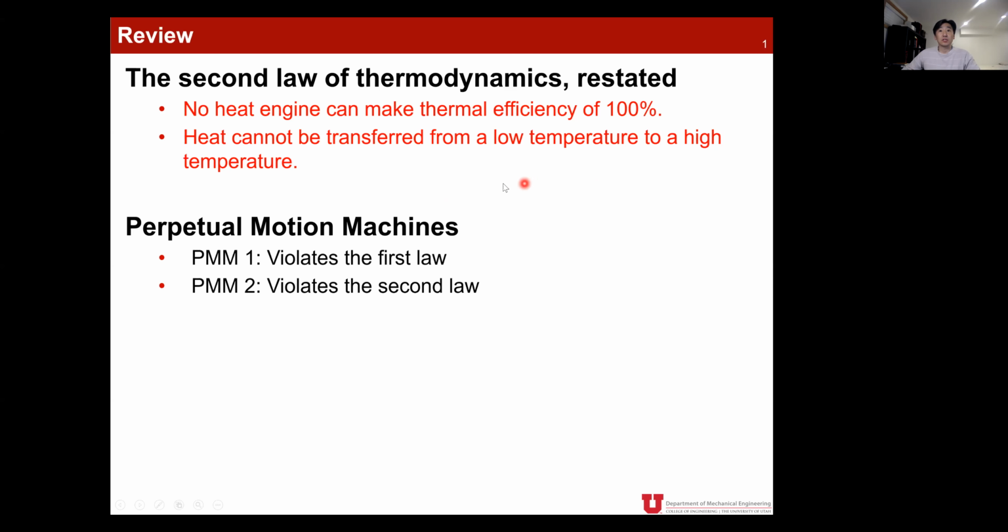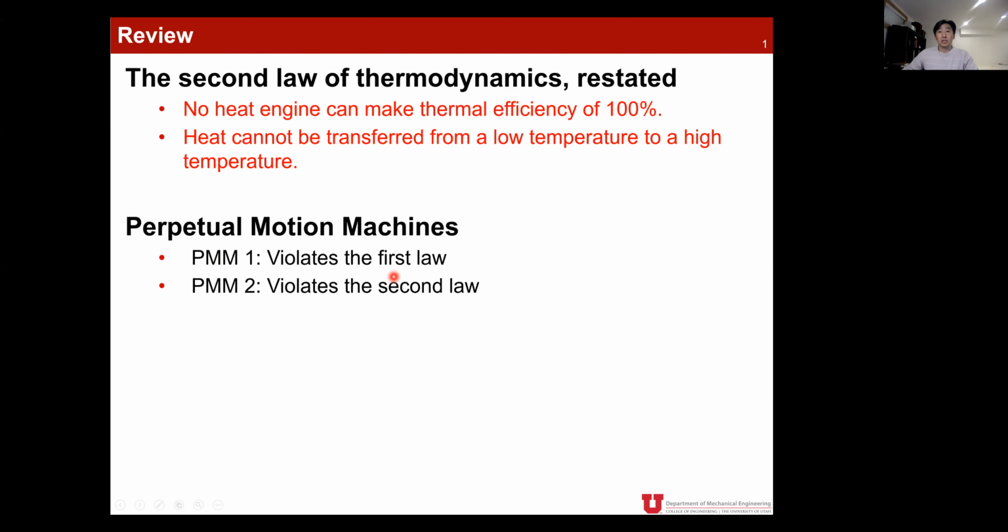Based on those discussions, and by thinking about the first law of thermodynamics together, we also discussed perpetual motion machines, which cannot be possible in reality. There are 2 types of perpetual motion machines. The perpetual motion machine of the first kind is the machine that violates the first law of thermodynamics.